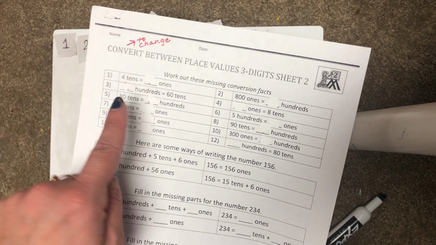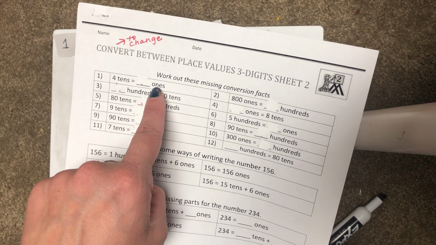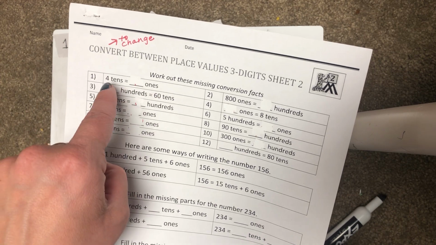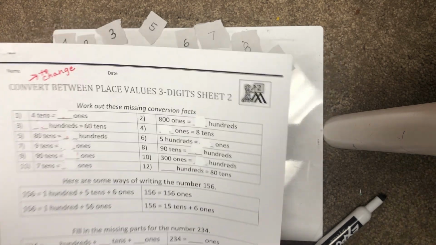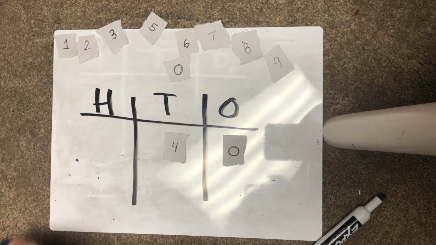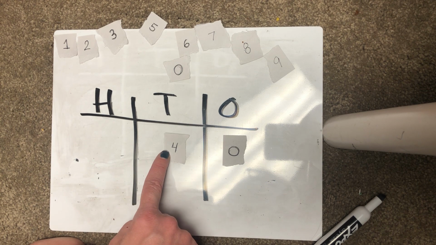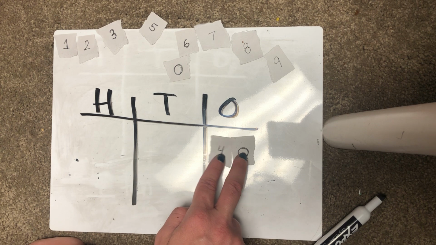Okay, tens is a bigger place value than ones, so we know that this number right here needs to be larger than 4, but it also does have to have a 4 in it. All we're going to do when we're trying to figure out how many ones is the same as 4 tens is take this 4 and shift it to the place value that we're working with.